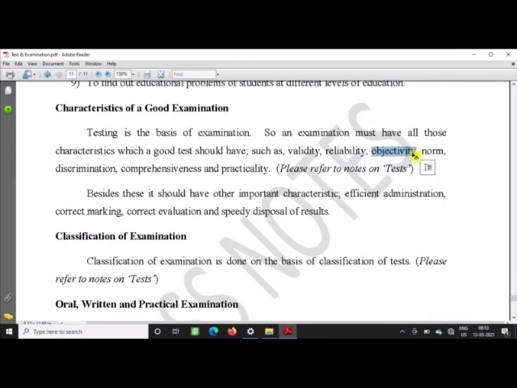That means it should help in giving a decision, or it should help in making judgment in a fair way. Okay, the objective of examination is to help make judgment. Number one objective, and this is the only objective that examination has, to make judgment or to make decision.